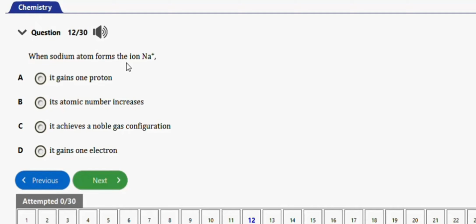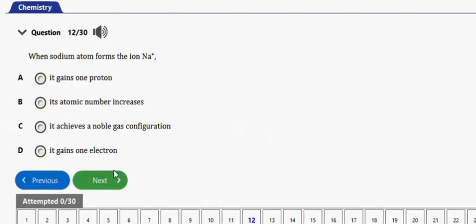So it's going to lose 1 electron. Metals lose electrons and take part in chemical reactions, whereas non-metals gain electrons. So this metal, the plus sign here shows that it's losing 1 electron. To attain stability, which is a noble gas configuration, it will have the same structure as neon, which is a noble gas that has atomic number 10. Option C is the right option.